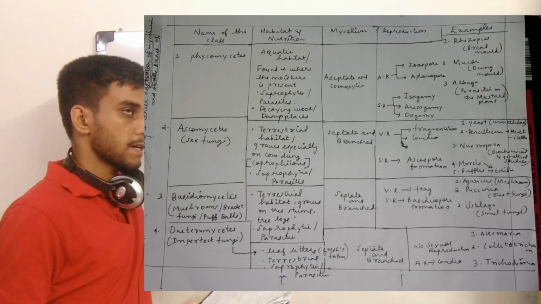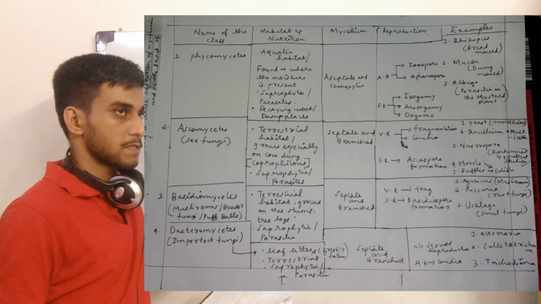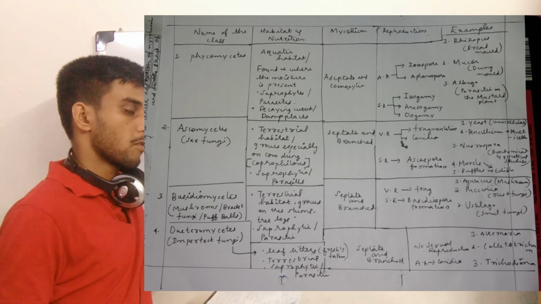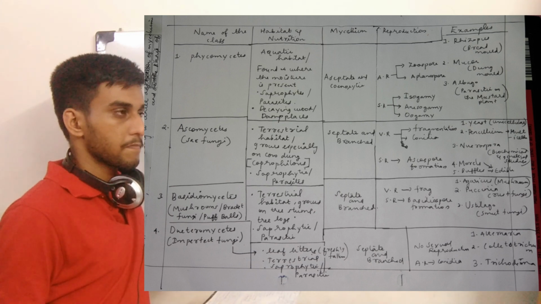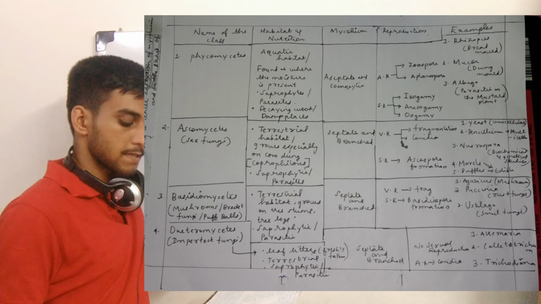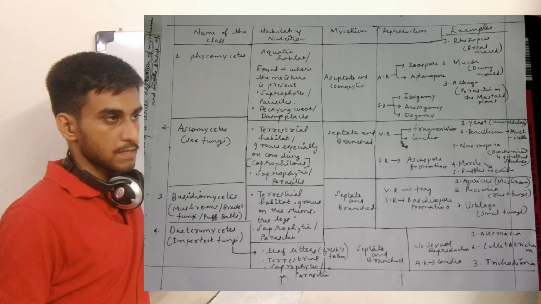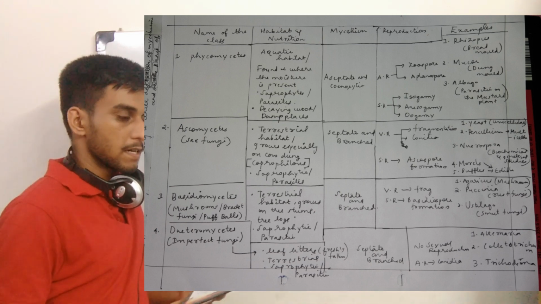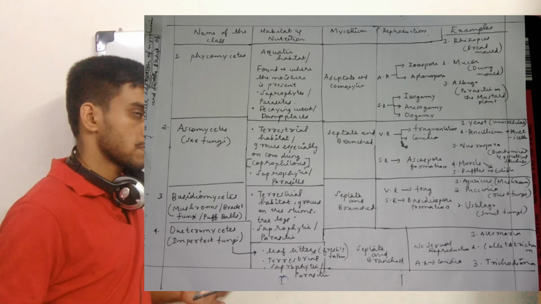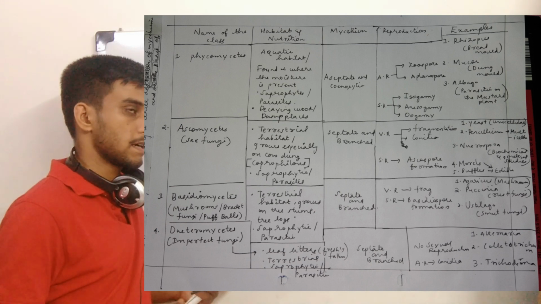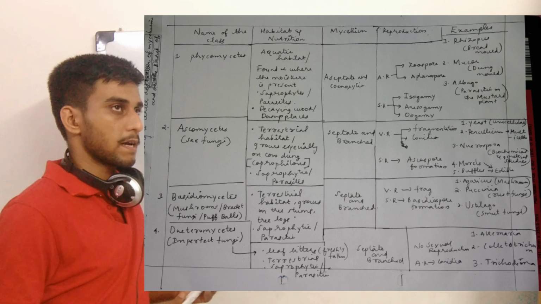The asexual stage is by the formation of conidia, which are formed on conidiophores. Some examples which belong to the Deuteromycetes are Alternaria, Trichoderma, and Colletotrichum.